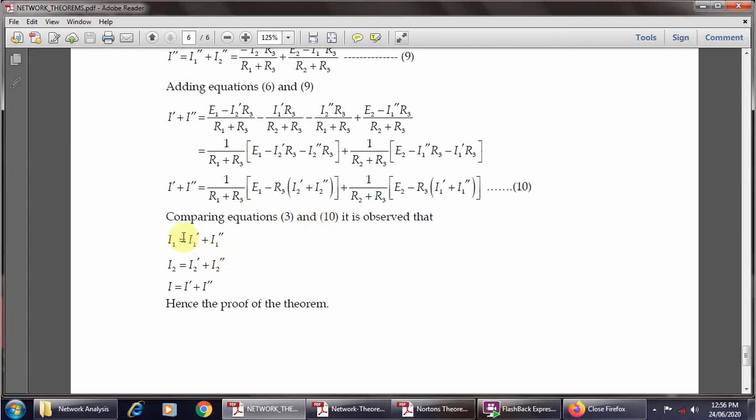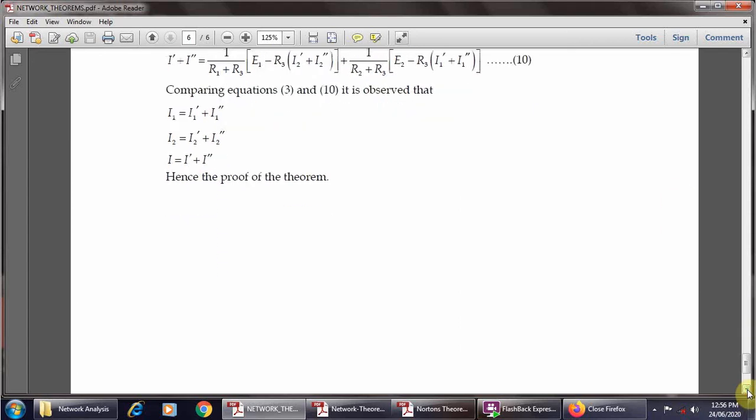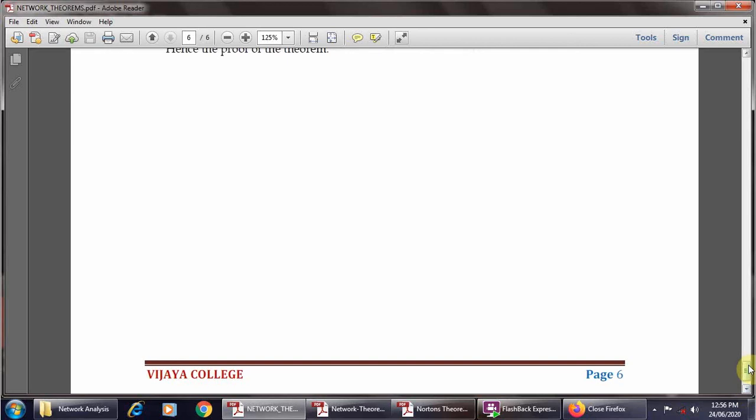Comparing, I1 is equal to I1 dash plus I1 double dash, and I2 is equal to I2 dash plus I2 double dash. Hence I is equal to I dash plus I double dash. Hence we prove the superposition theorem.